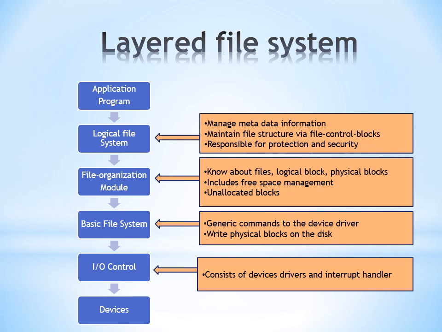Next, when your file has been created in logical form, it is organized into a module. This module knows where the blocks of your file are located logically and also physically.